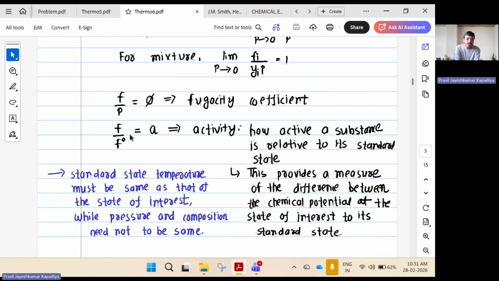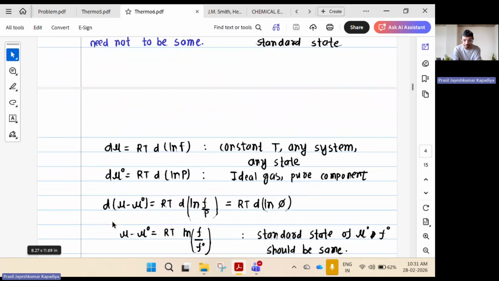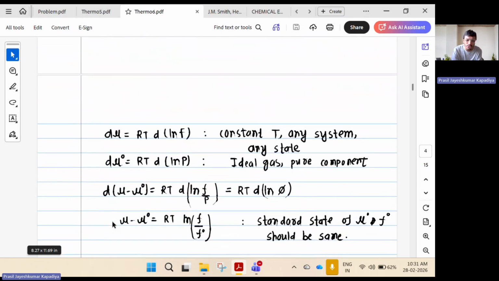Okay. The standard state temperature must be the same as that of the state of interest, while pressure and composition need not be the same, because this fugacity is measured under isothermal conditions. We have already mentioned earlier it should be an isothermal condition. So temperature should be the same for the reference phase also. Okay, so how to choose this reference phase? That we will see now.